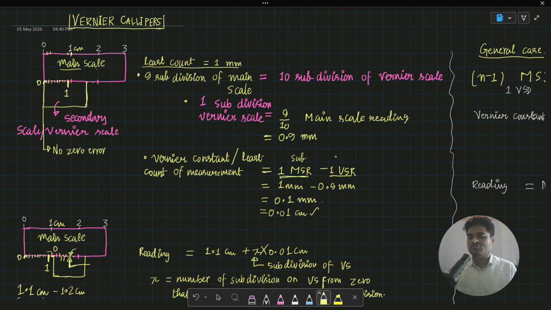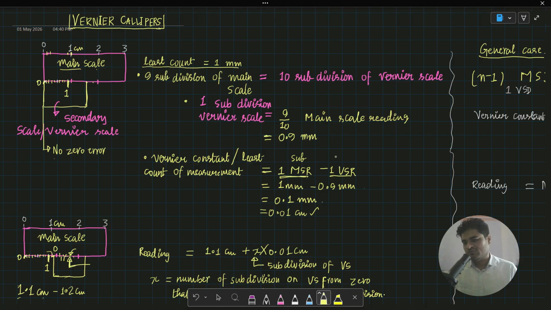Hopefully this is clear. So how do we read any value? We put the object, and the main scale will be like this, and the Vernier scale we slide it to measure the distance.